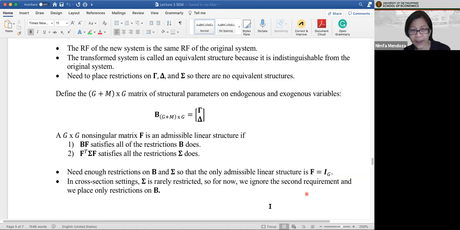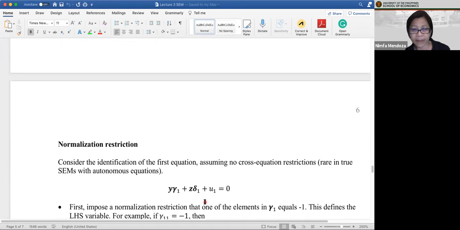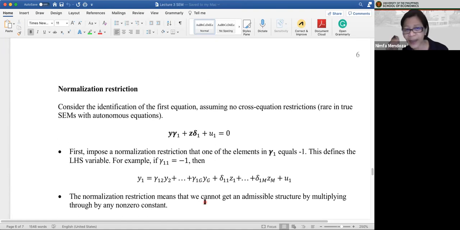In cross-section settings, sigma is rarely restricted, the variance covariance matrix of the disturbances. So for now, we will just be imposing restrictions on B, the coefficients of the endogenous and exogenous variables. Okay, this is an important step for testing for identification. Okay, we need to have the normalization restriction.